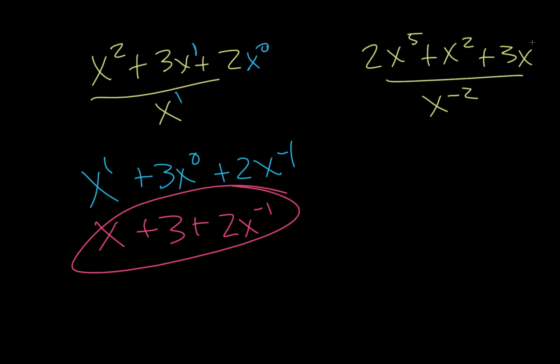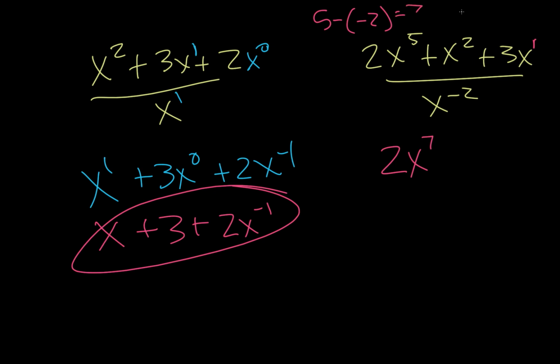This one will go through a similar thing. So there's an imaginary 1 right there. 5 minus a negative 2 is going to make it a 7. So I'm doing like 5 minus negative 2. That becomes a plus sign, so it equals 7.